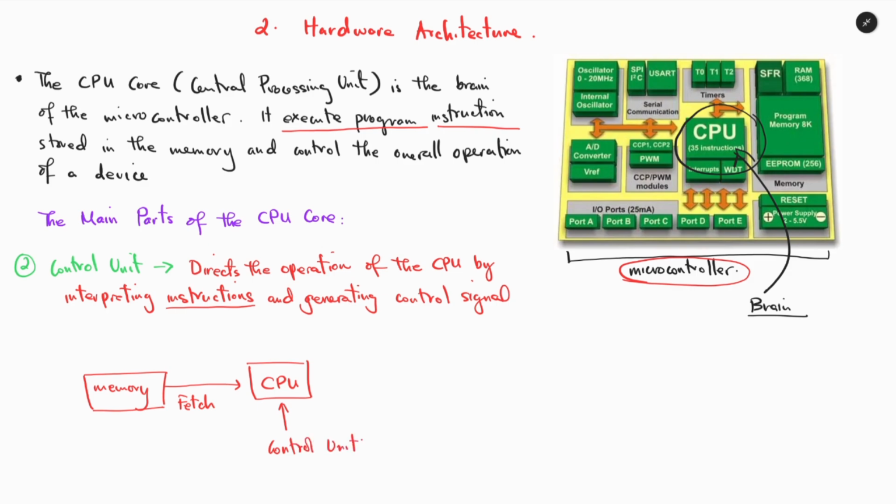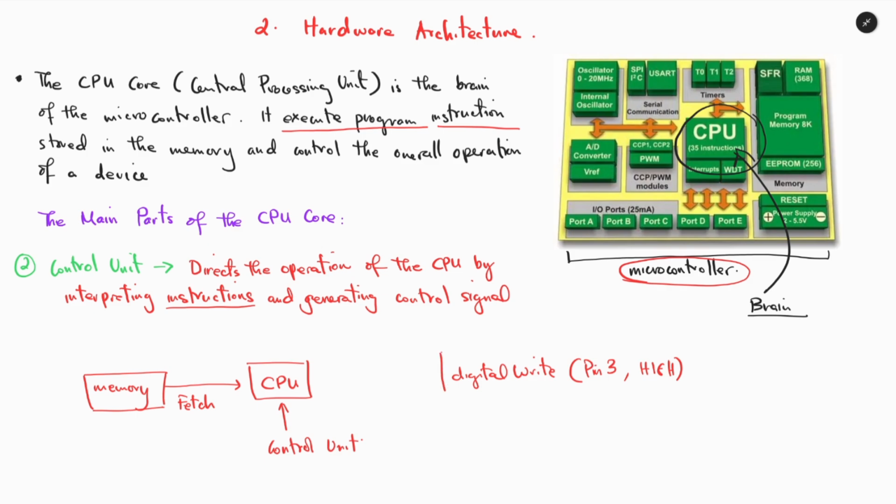And what this control unit does is that, upon interpreting the instruction, say in the Arduino IDE we have the function digitalWrite, and we say pin 3 must be high.